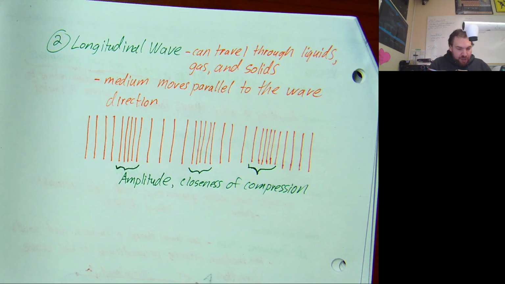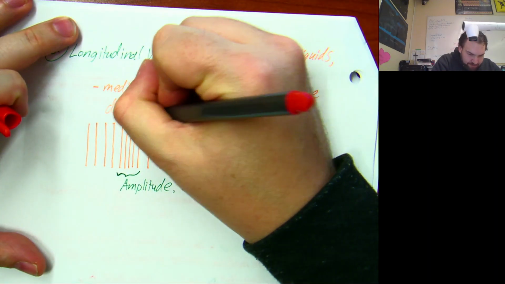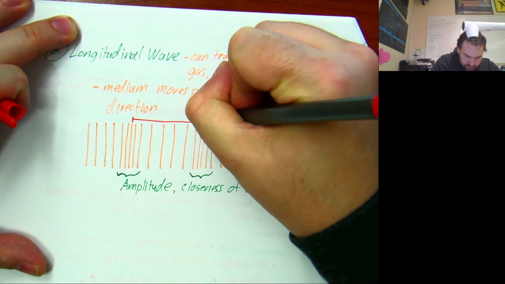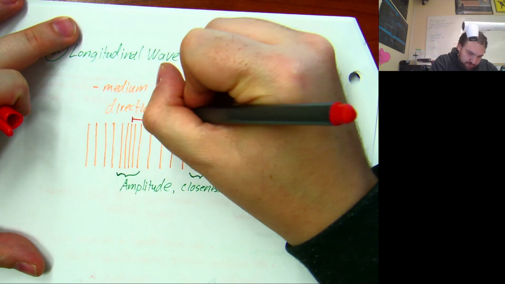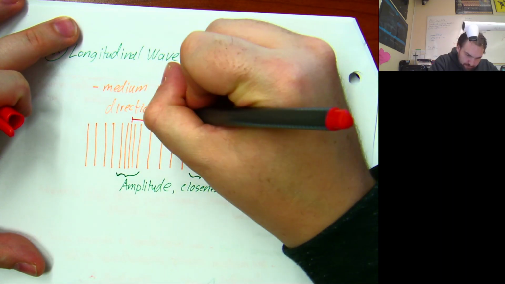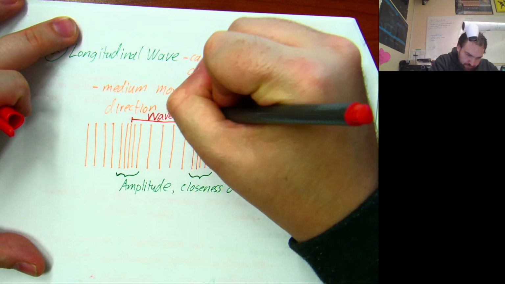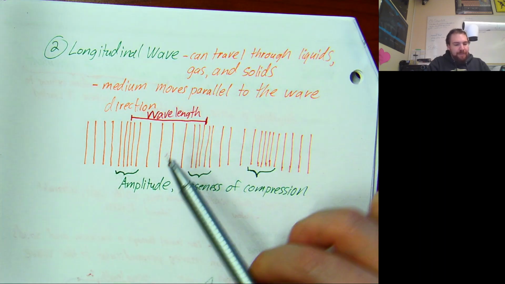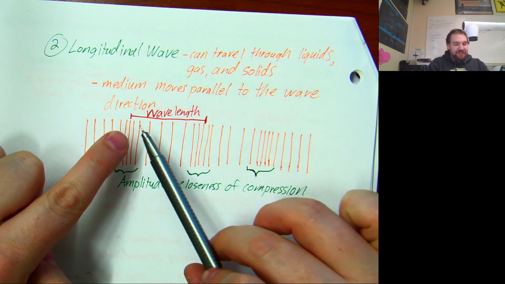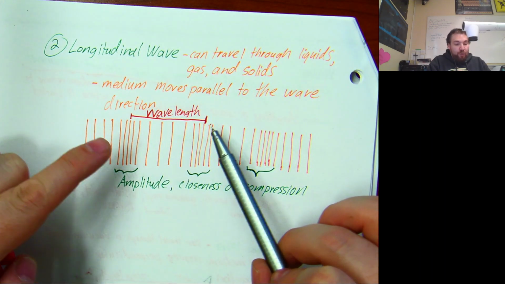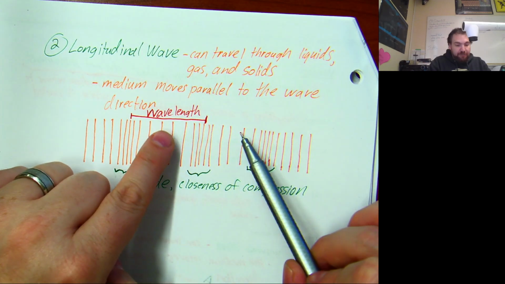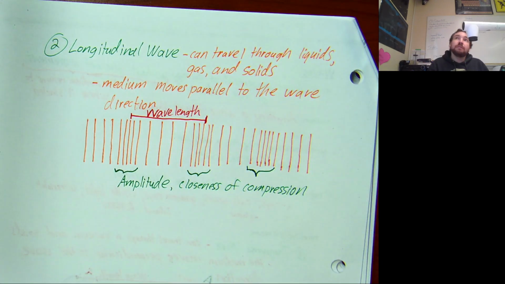Wavelength was red. The wavelength is still the same. It's the length from one spot in a compression to the same spot in another one, or you can go from the least compression to the least compression. What else did I have on the other one?